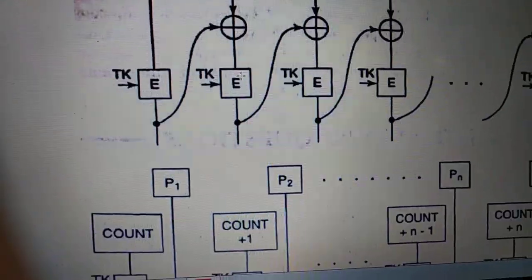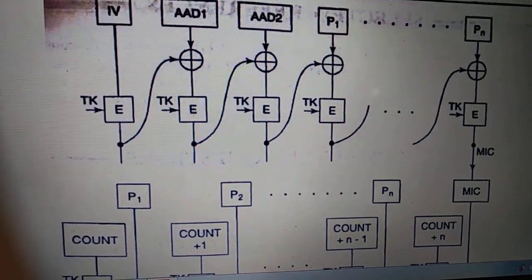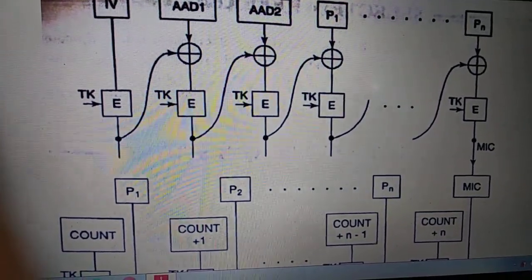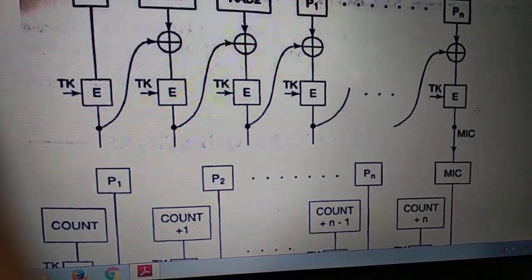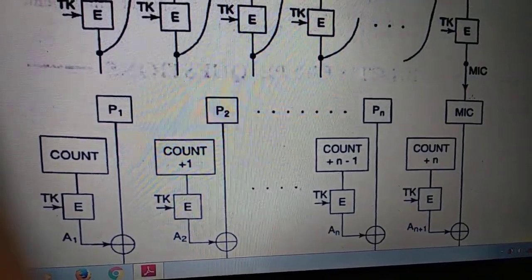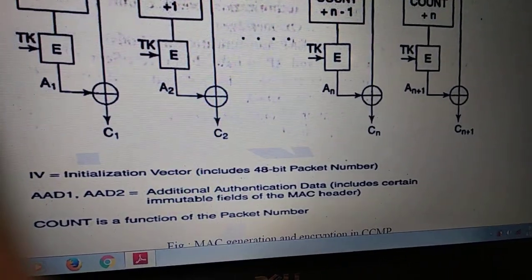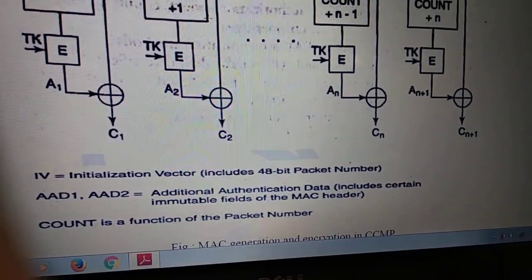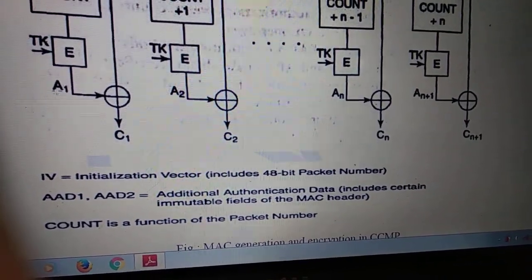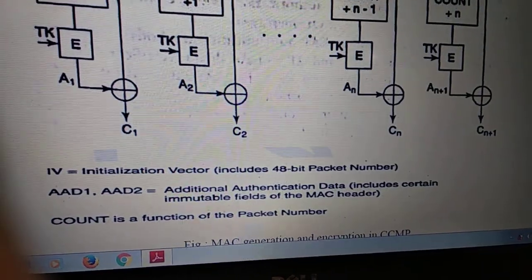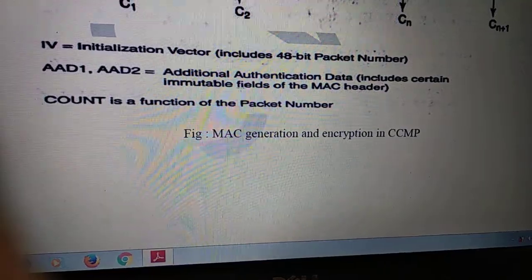Each block is encrypted with the same temporal key by adding these add1, add2 with p1 plain text messages. Finally we get the message integrity check, which is added to obtain the cipher text using the count values, count 1, count n-1 up to count 10, for each plain text. That is the packet number that is added.